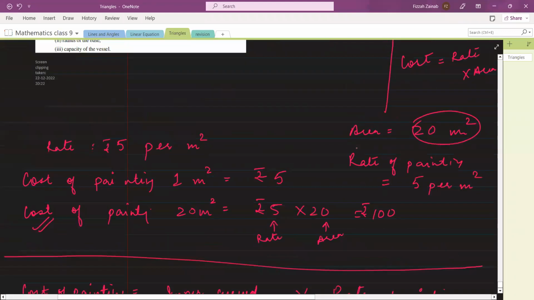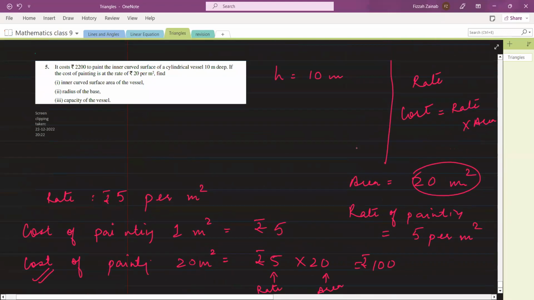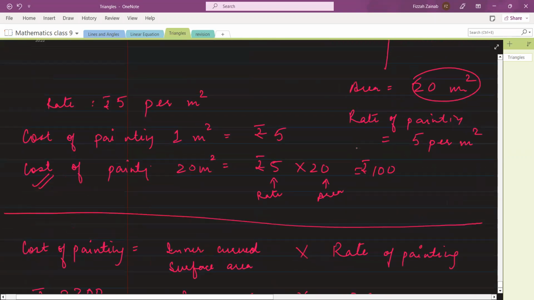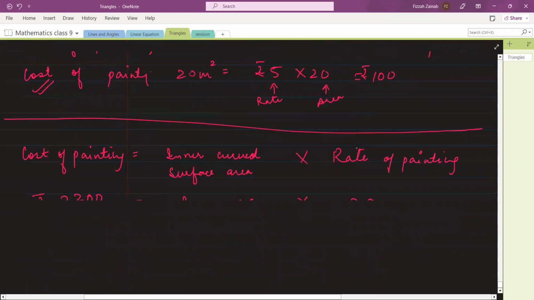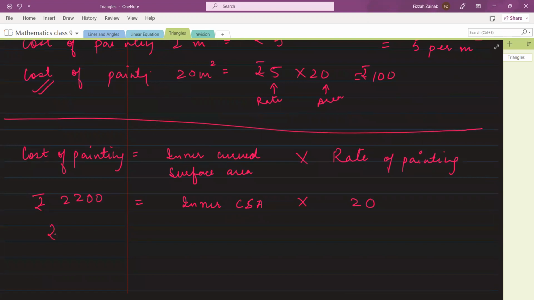Can you read it again? If the cost of painting is at the rate of rupees 20 per meter square. Is that okay? So from here you can find your inner CSA. Rupees 2200 divided by 20. You bring this in the denominator and this side you have your inner CSA.